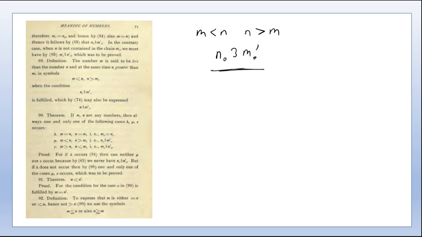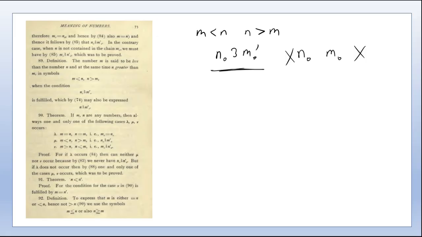You've got to look at this very closely. This is making a comparison between the number chain of n and the number chain of the transform chain of m. So this is not making a comparison between n0 and m0. It's making a comparison between n0 and m primed naught.